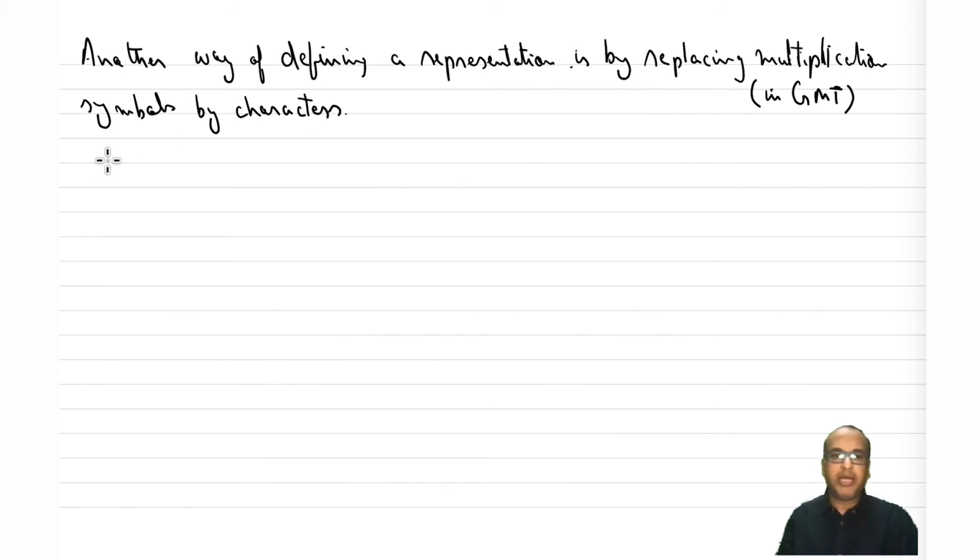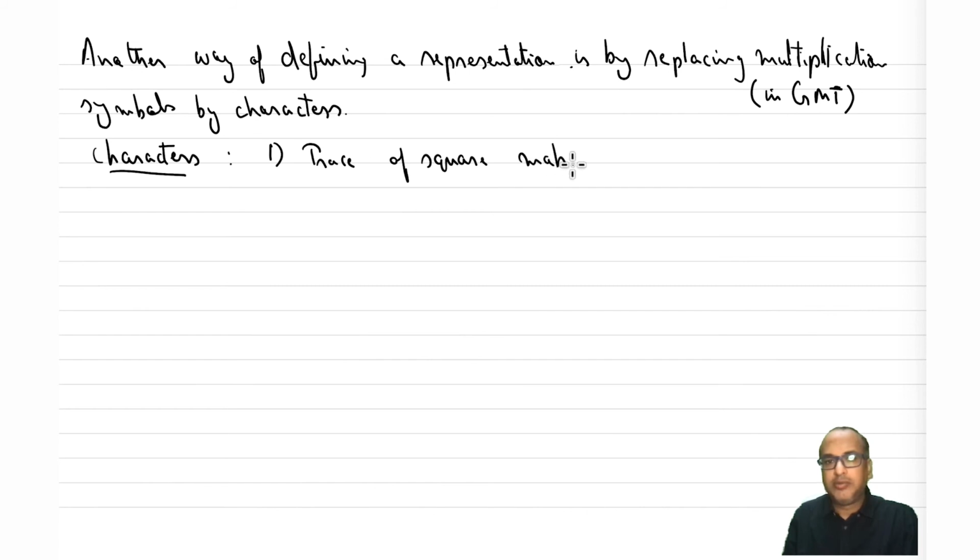So what do I mean by characters? Characters can take any form. So let us define the characters. What are the different types of characters? We have seen that the trace of square matrices can be characters.